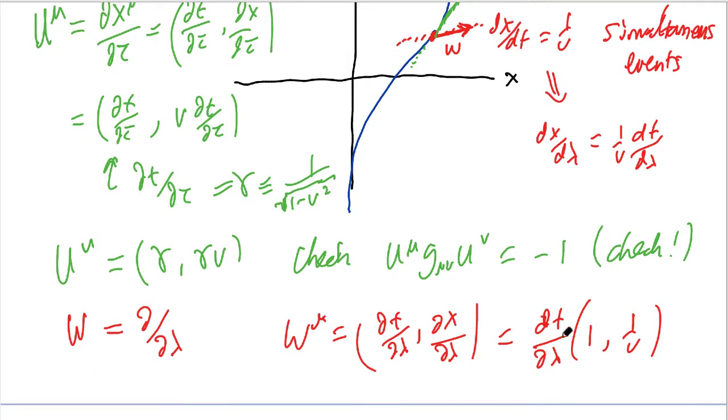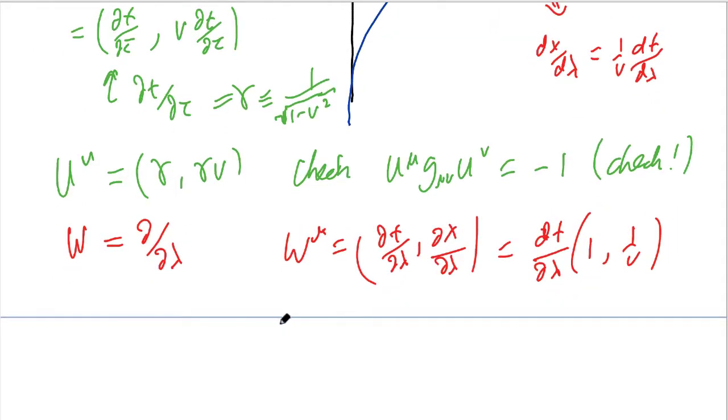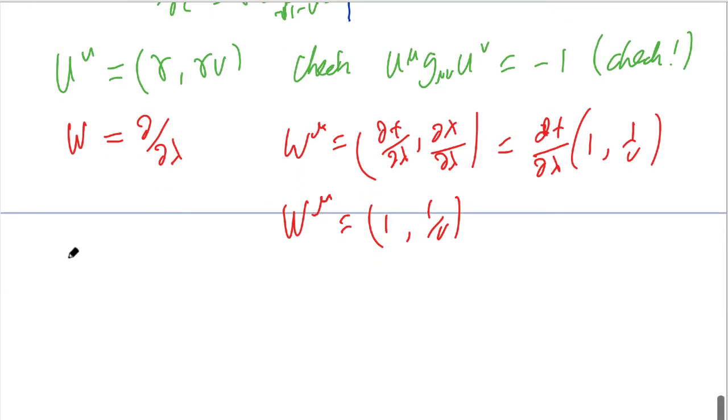We might as well just choose lambda to be t and drop this factor. So our vector w has components (1, 1/v). This points along the direction of the events that the observer sees as simultaneous. And now what I want you to notice is that these two vectors, the velocity vector and this vector of simultaneous events, are orthogonal.